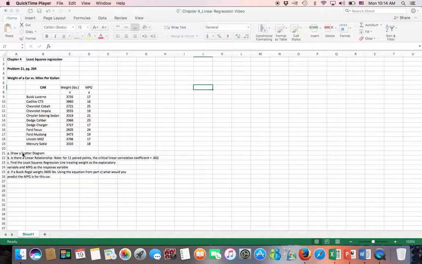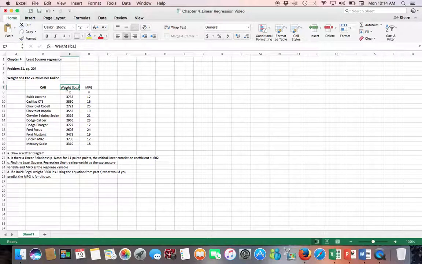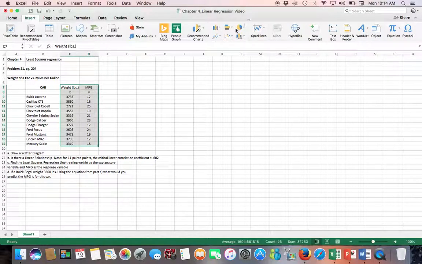Question 1, or question A, asks us to draw a scatter diagram. So what we're going to do is highlight all the data, including the titles. We're going to come over here, hit Insert, and hit this icon that looks like a bunch of dots.